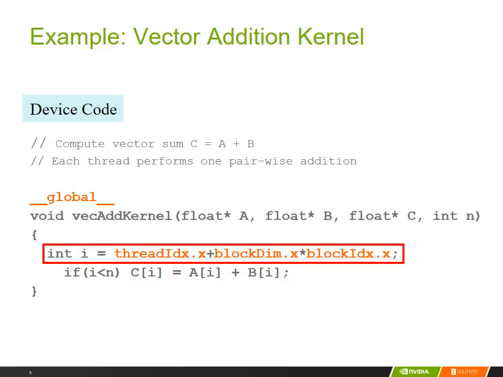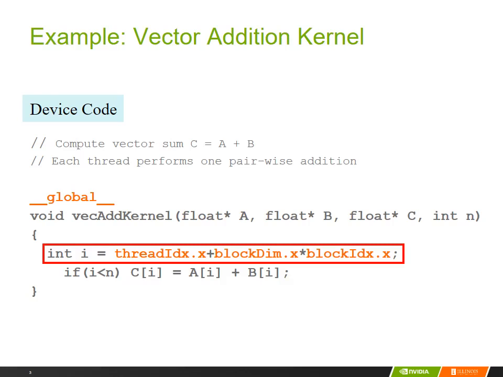We have the familiar expression blockDim.x times blockIdx.x, which is essentially equivalent to the area code of cell phones. Then we have the thread index, which is the local number. These two together give us a globally unique uniform coverage of a whole range of integers.